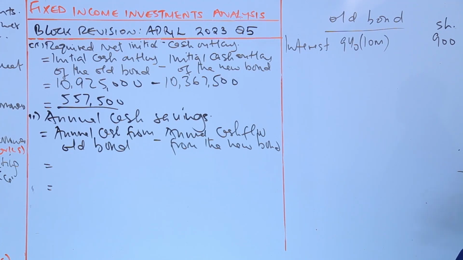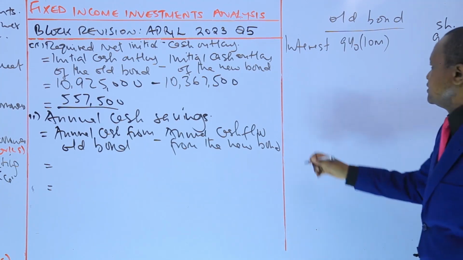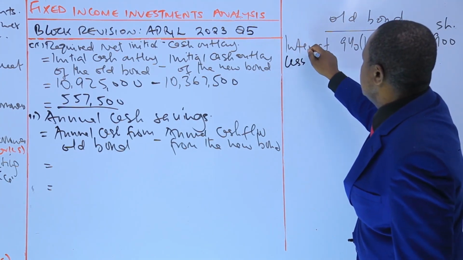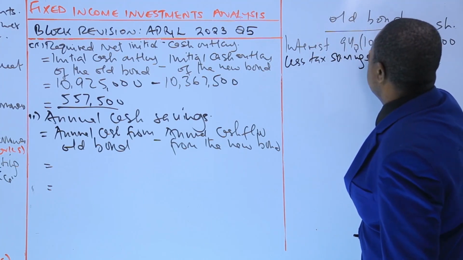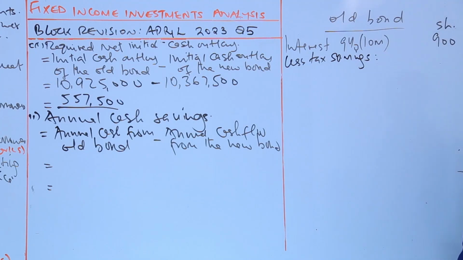Then we are going to deduct the tax savings. Before we apply the tax to get the tax savings, we need to identify which amounts are available for tax savings.